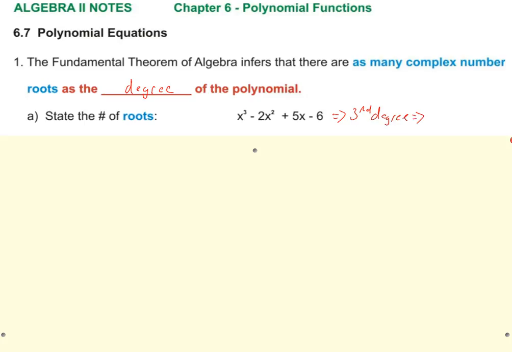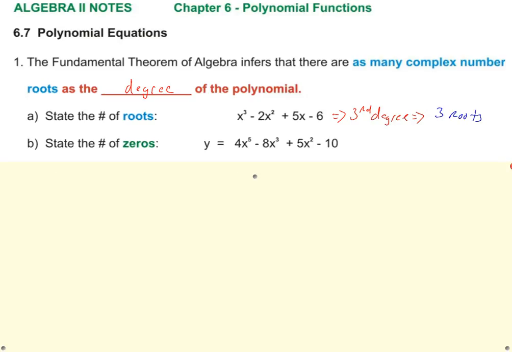And so according to the fundamental theorem of algebra, there are going to be three roots. Three complex number roots. By the way, complex again involves real and or imaginary numbers, so both real and imaginary.